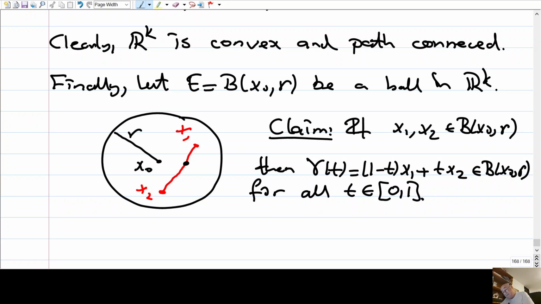So gamma t is a point here. When you plug 0, you are at this point. When you plug 1, you are at this point. So I claim that this lies inside this ball.